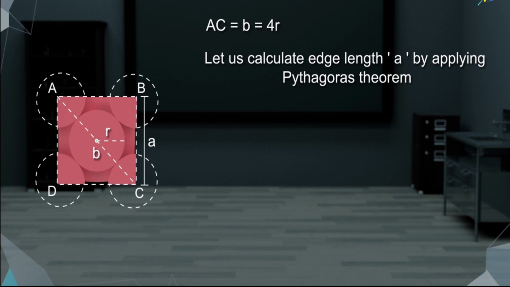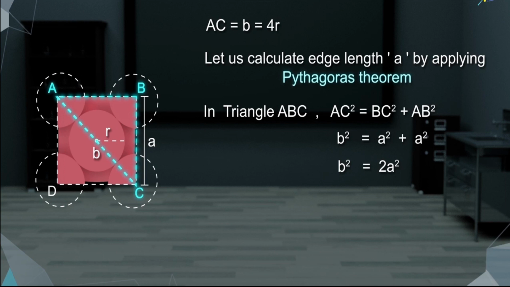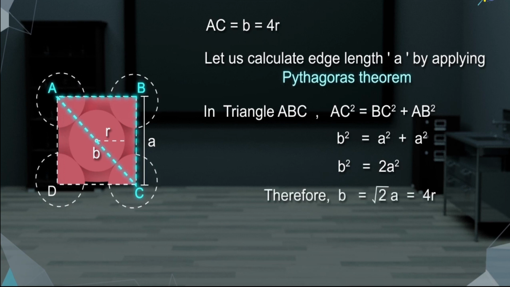Now let us calculate edge length A by applying the Pythagoras theorem. In triangle ABC, AC² is equal to BC² plus AB². B² is equal to A² plus A². Now B² is equal to 2A².